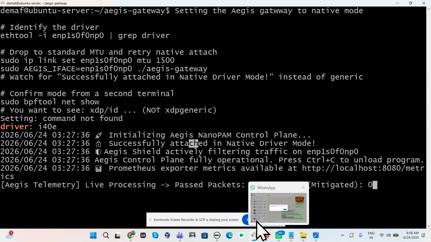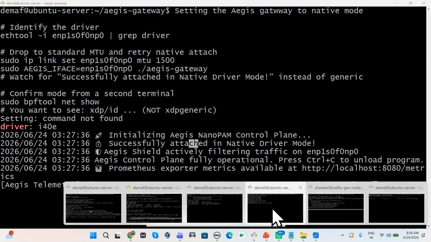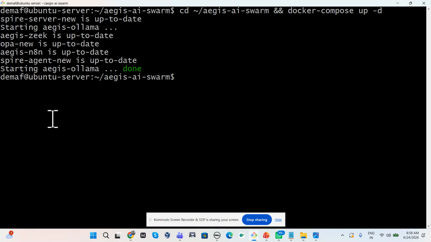So as discussed, we have three layers: the brain, AI triage, which is n8n, Zeek, and Ollama; the control plane, which consists of OPA and the SPIRE agent, SPIFFE agent; and we have the data plane, XDP in the Linux kernel, where enforcement actually happens.